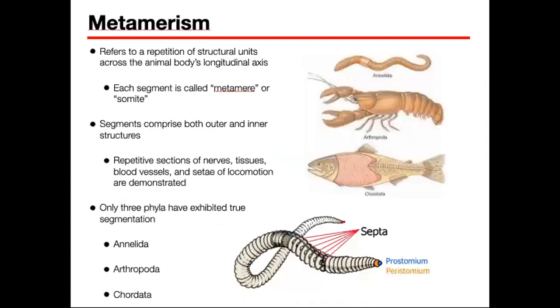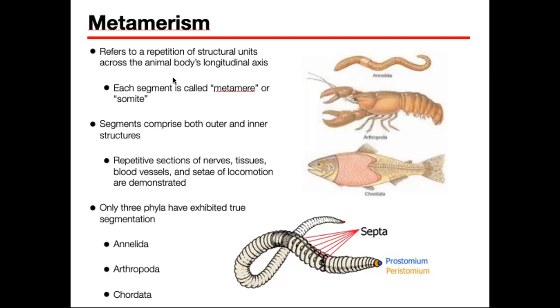Okay? And lastly, another salient feature among animals is segmentation. And this is only exhibited among annelids, our segmented worms, our arthropods, which have an exoskeleton and paired jointed appendages, and of course, some chordates. Okay?